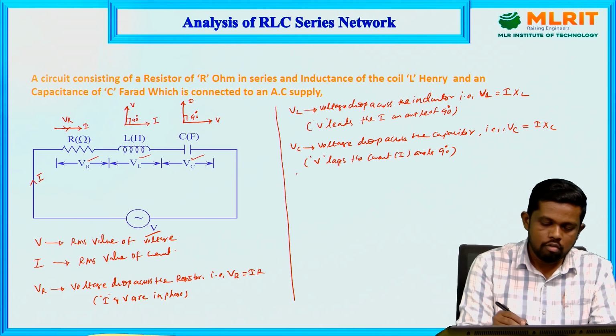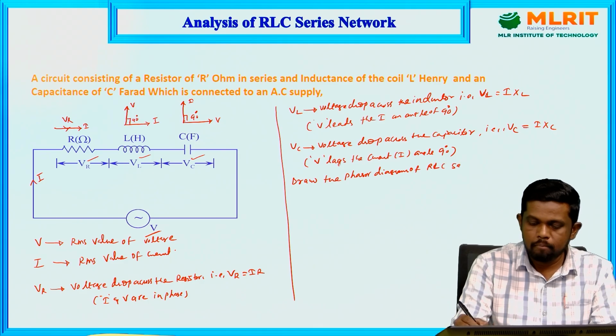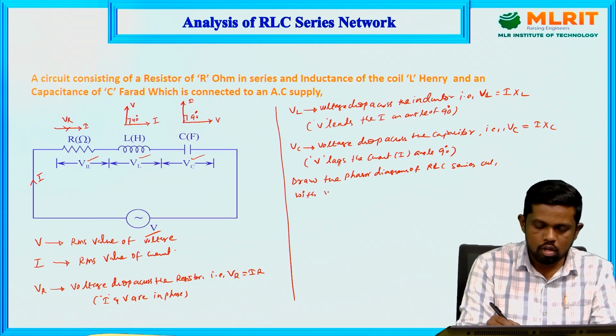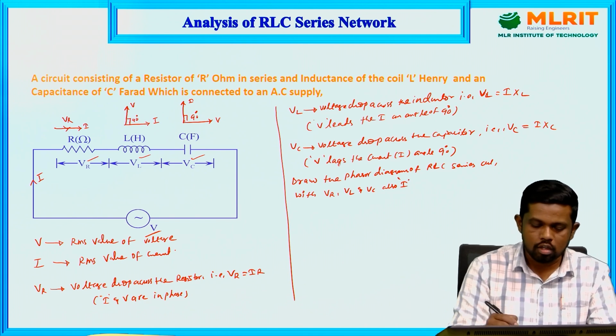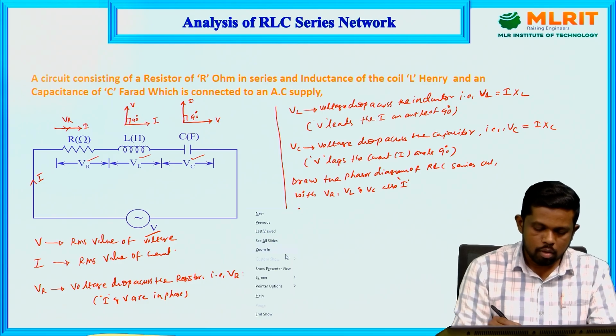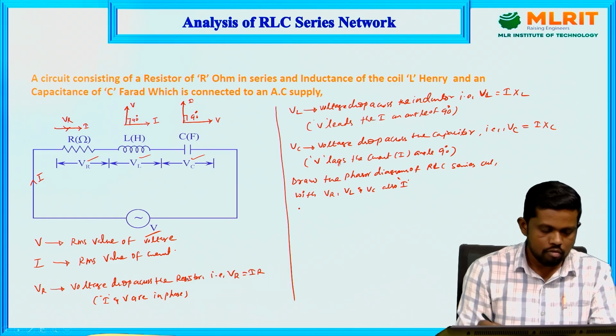So we need to draw the phasor diagram of the RLC series circuit, with the help of VR, VL and VC, and also the capital I. Current is the same, so capital I we can also consider. We do not consider the total voltage, because it is the phasor sum of VL, VR and VC.